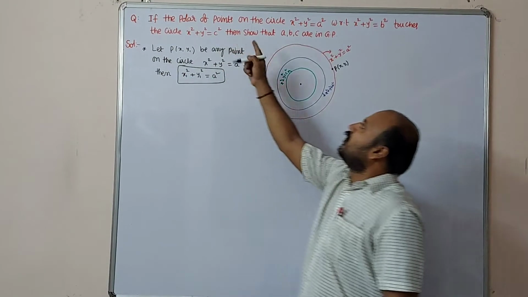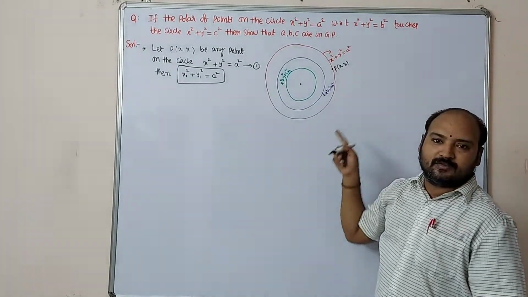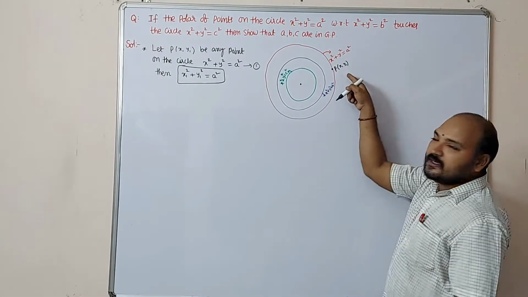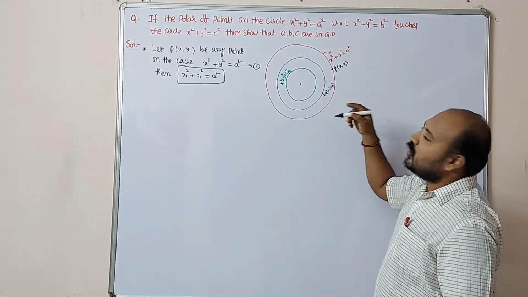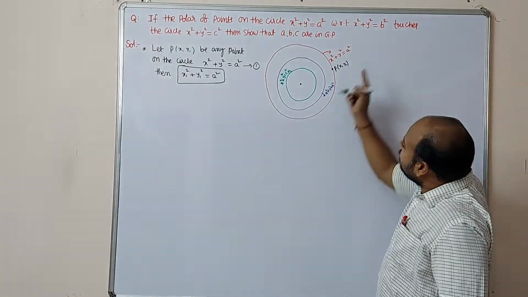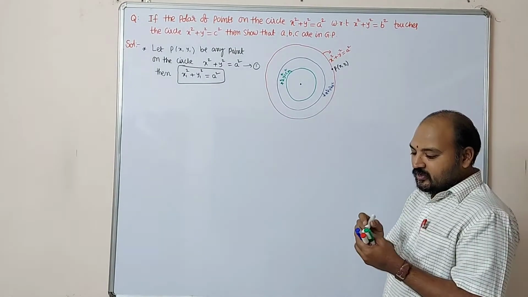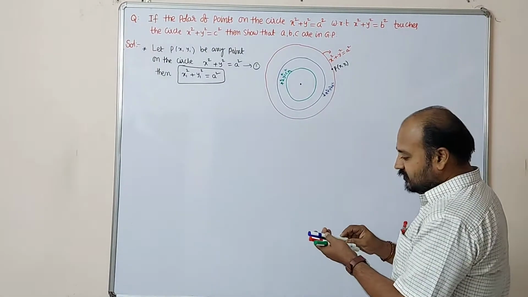So the polar of that point P with respect to the second circle. So polar equation, observe carefully here.